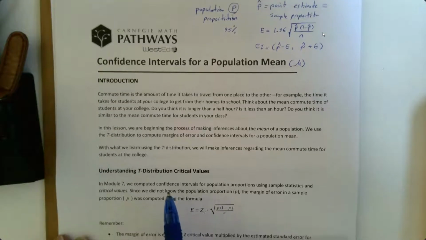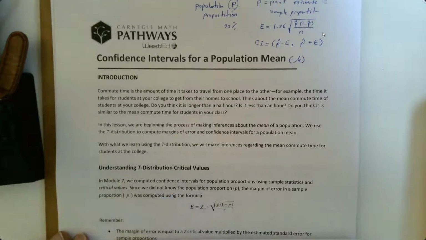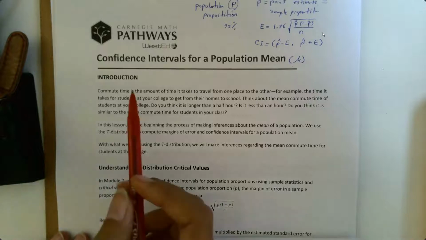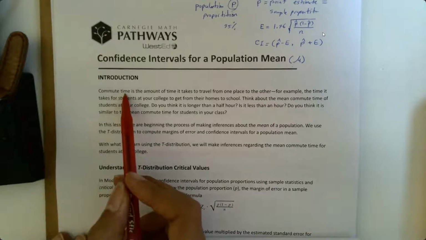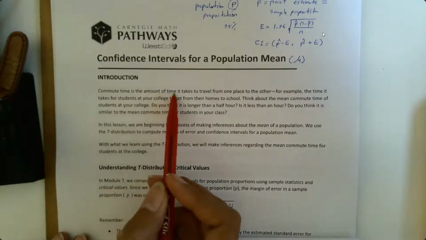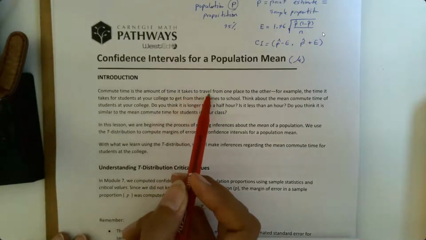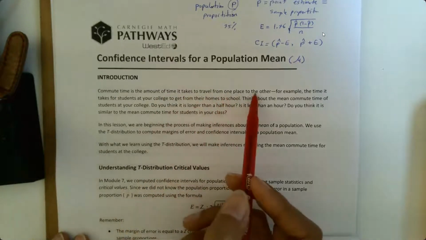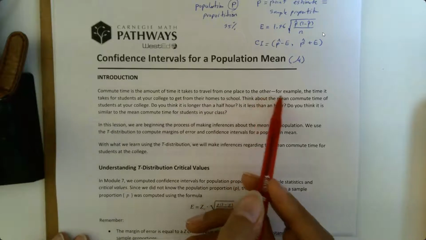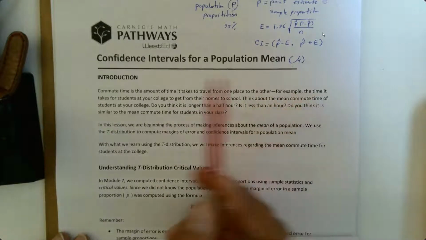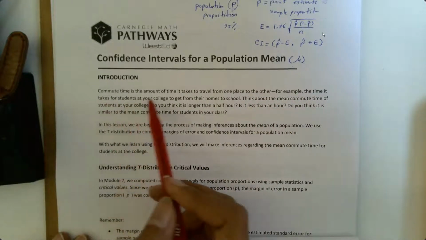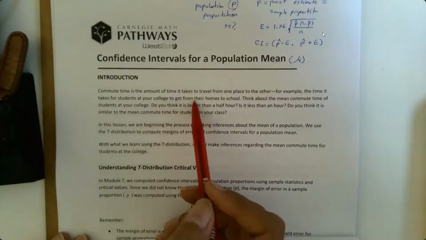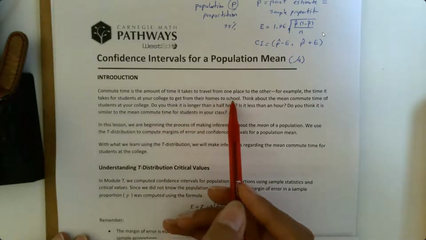Introduction. Commute time is the amount of time it takes to travel from one place to another. For example, the time it takes for students at your college to get from their homes to school.